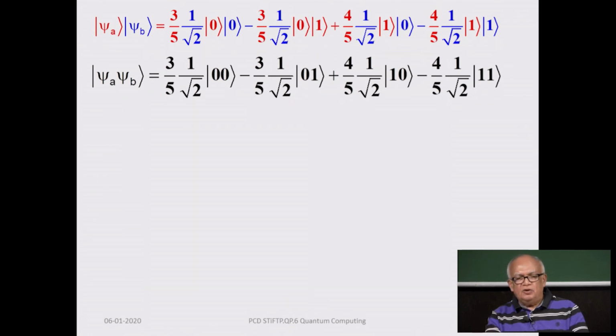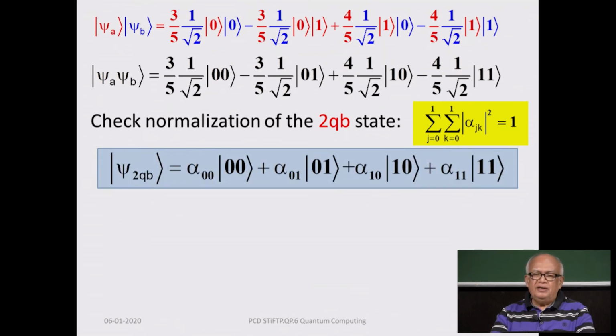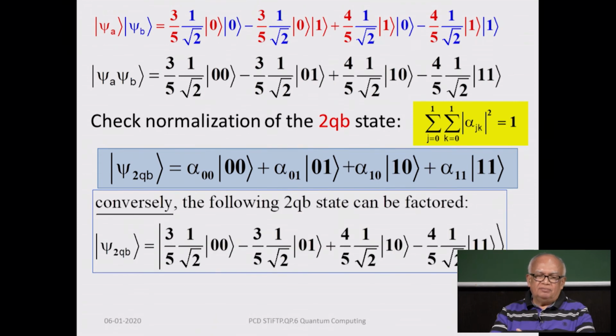So, that is the 0 0, 0 1 for the next, 1 0 for the third, and 1 1 for the last. And you have got the coefficients there. You can quickly check that the coefficients now are different from what we had earlier, but if you take the sum of the squares of all these four coefficients, they again add up to 1, which is very easy to see, right, and you have a properly normalized two qubit system.